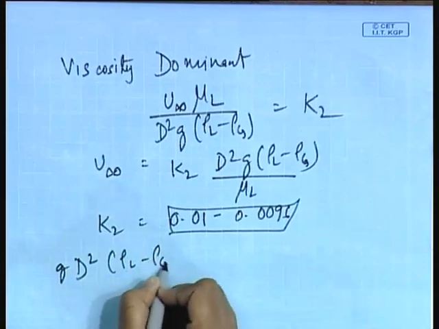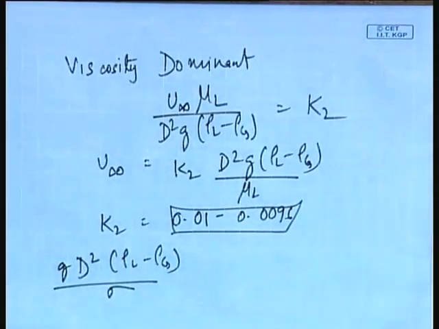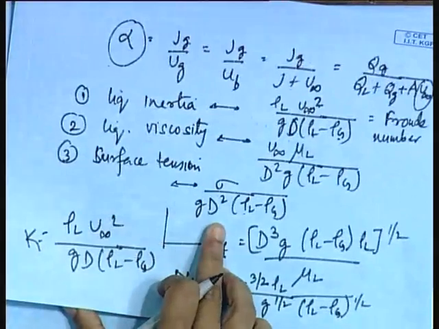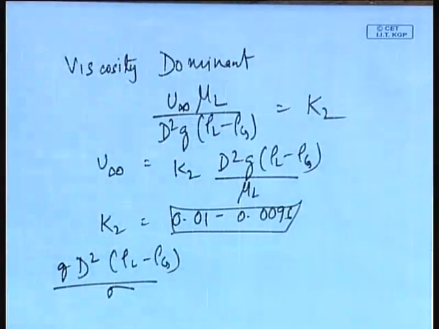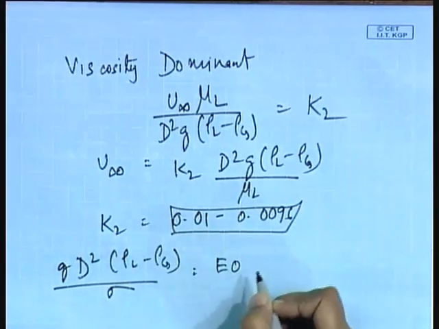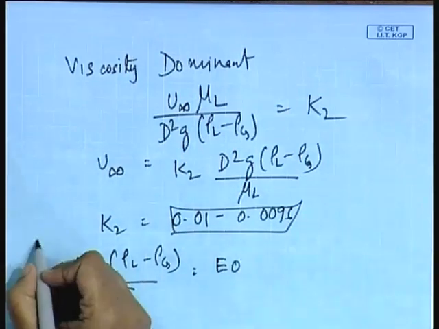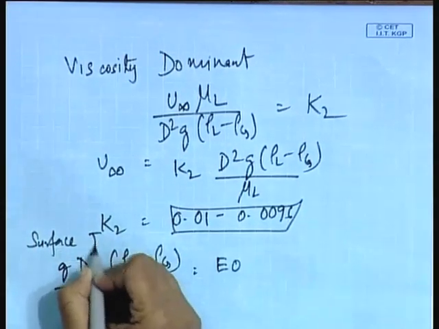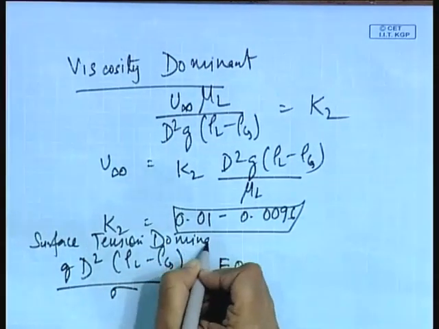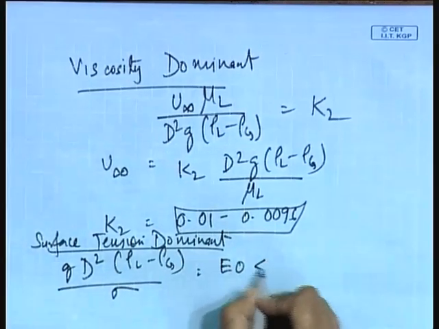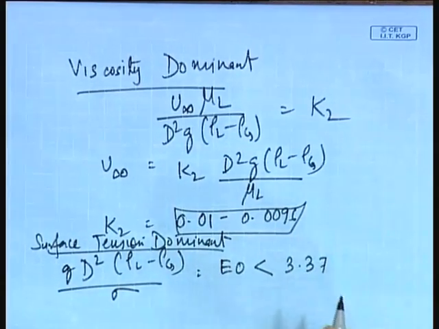So when surface tension becomes important, the group g d square (rho L minus rho g) by sigma, which I had written down here, becomes small because sigma becomes very large. The inverse of this is known as the Eotvos number, and it becomes small. So the surface tension dominant condition happens when the Eotvos number is less than 3.37.